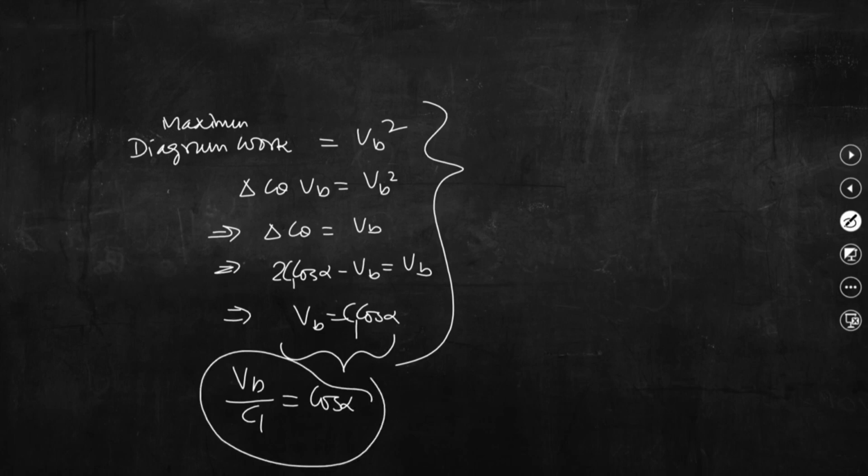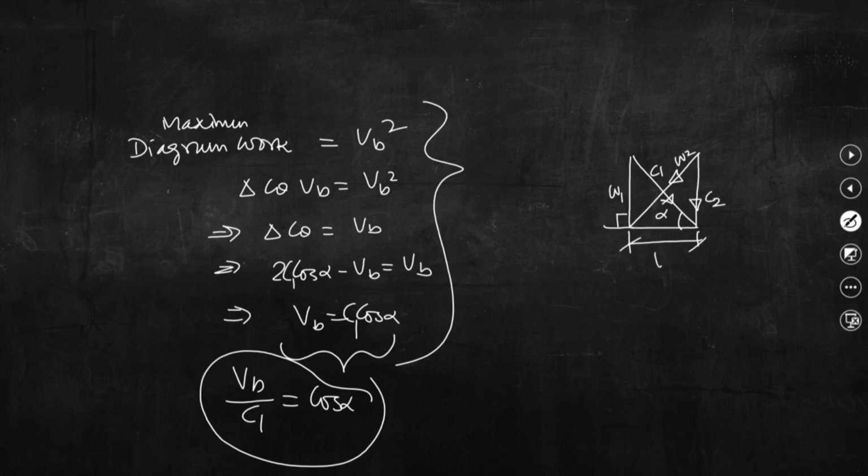Now, you can understand C1 cos alpha equals Vb. So, this is W1, this is C1, this is W2 and this is C2.